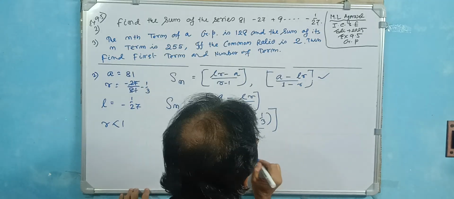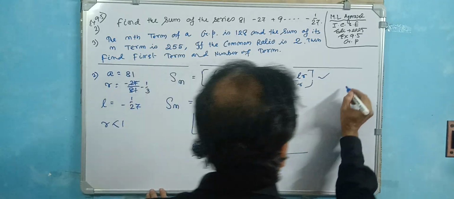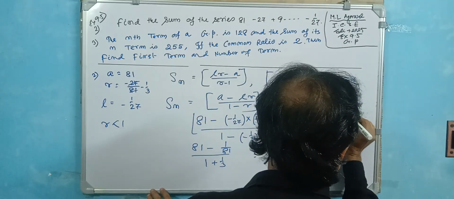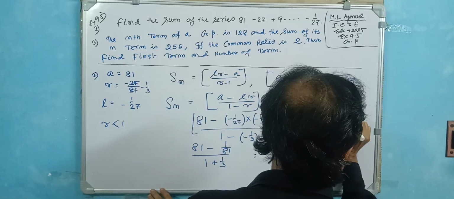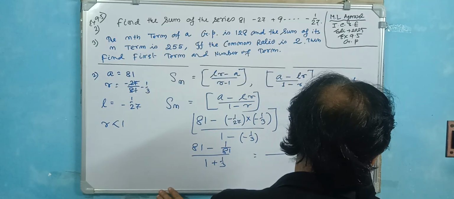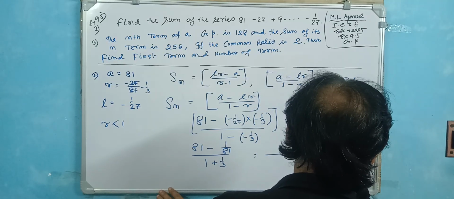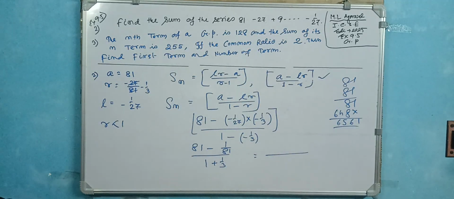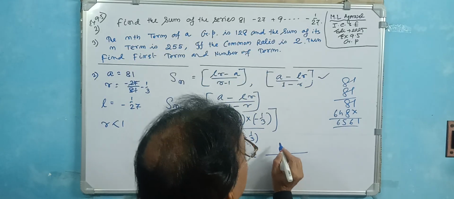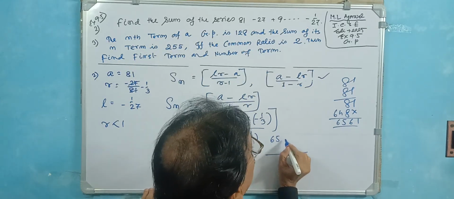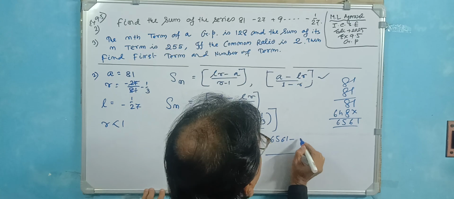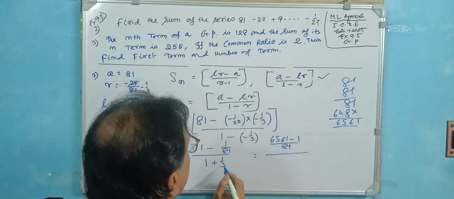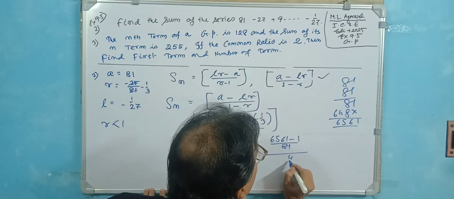Now this is 81 into 81. 81 into 81 is 6561. So write 6561 minus 1 by 81, and in the denominator 3 ones are 3, plus 1, 4 by 3.